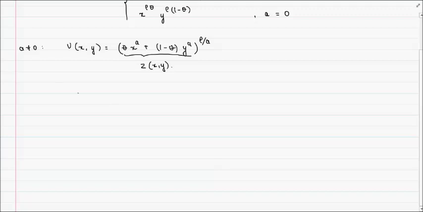Therefore the marginal utility of x will be the differential of the utility function with respect to z, multiplied by the change in z given the change in x. This is basically the chain rule.